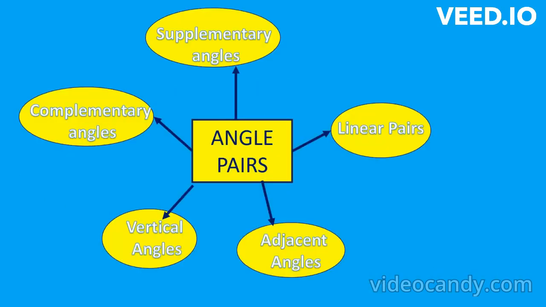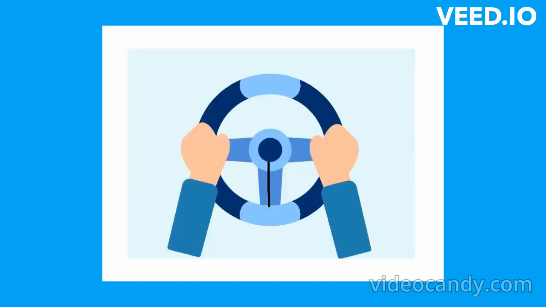Think about it. So we have learned about linear pairs which are all adjacent angles, but on one condition, that they should make up 180 degrees when added. Say, let's take this example.